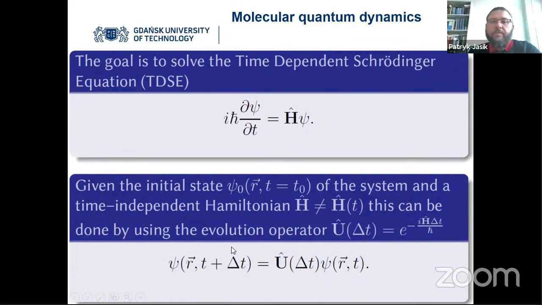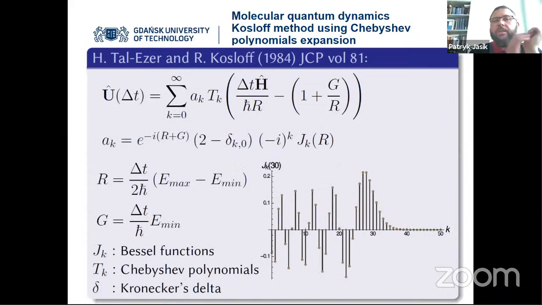So the goal is to solve the time-dependent Schrödinger equation, so we have to define the evolution operator. And in our approach, we used the Kosloff method using Chebyshev polynomials. You've got here the Chebyshev polynomials.